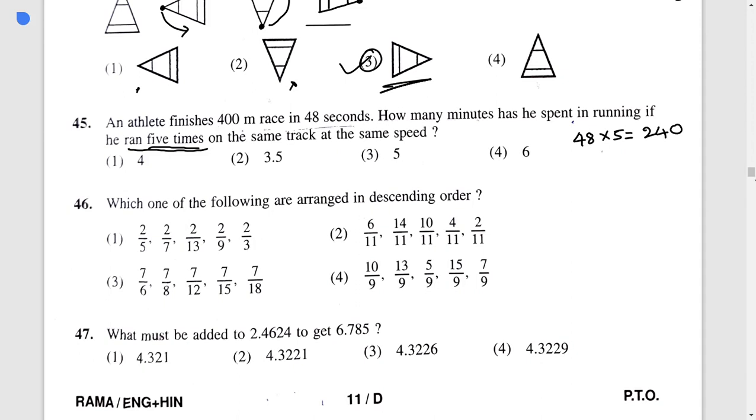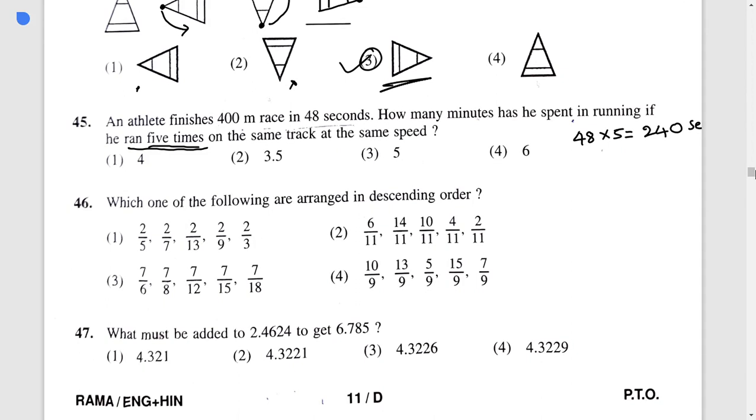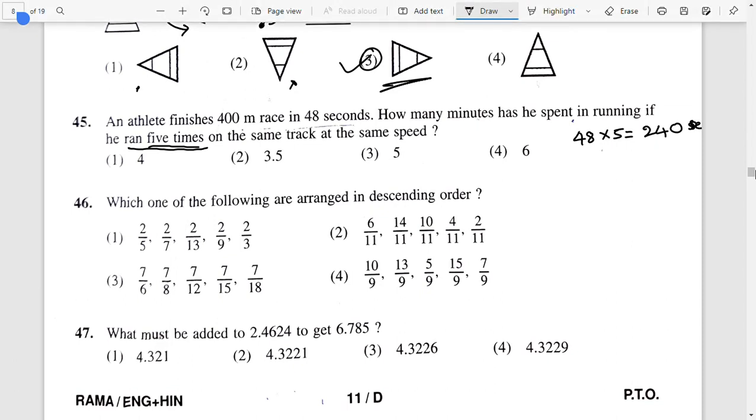So it is in seconds. They are asking in what? They are asking it in minutes. Minutes means you have to divide it by 60. So the answer is 4 minutes. So the first option itself is there, that is 4 minutes. So first is the correct answer.